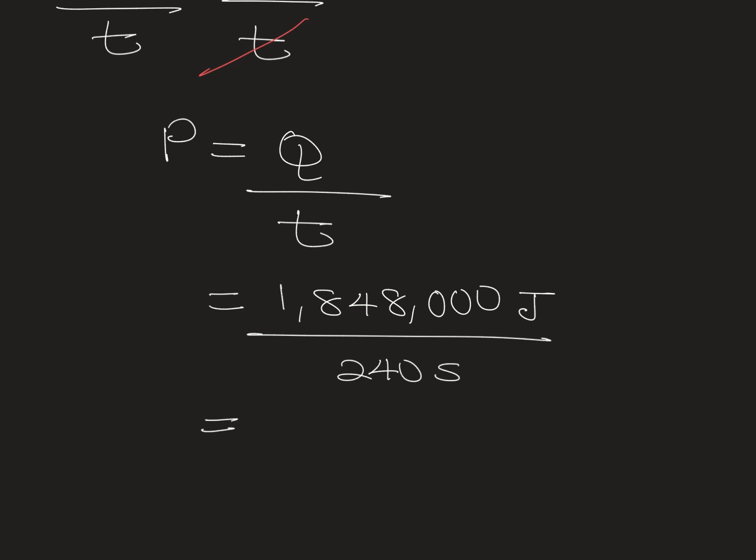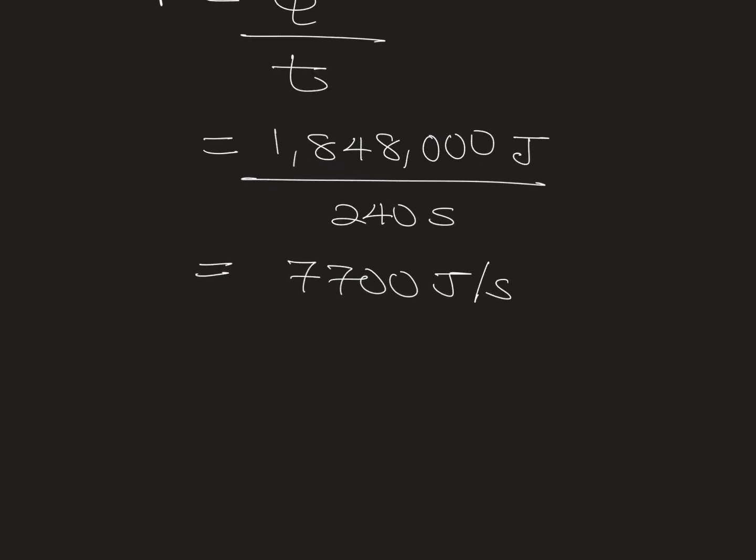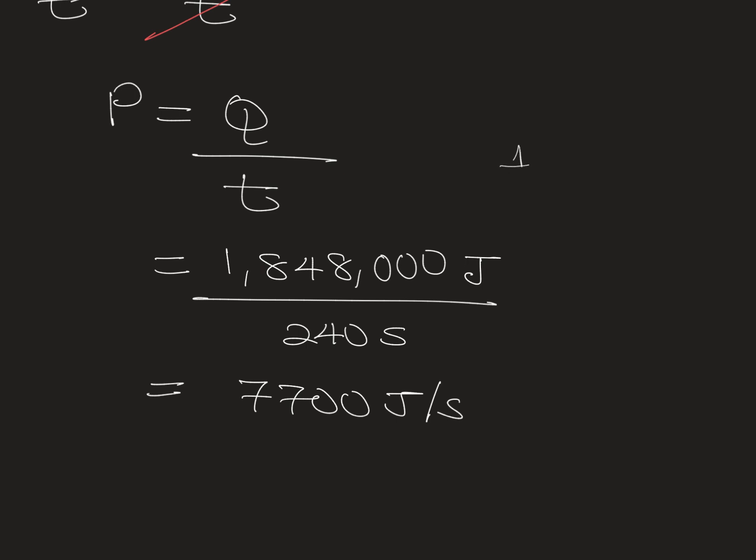So 1,848,000 divided by 240 is 7,700 joules per second, which is the same as watts. 1 joule per second is equal to 1 watt.